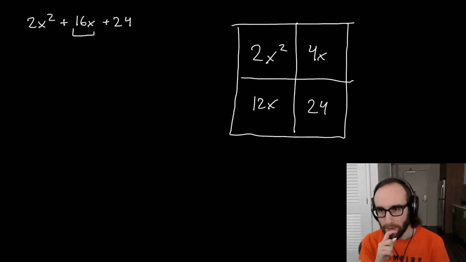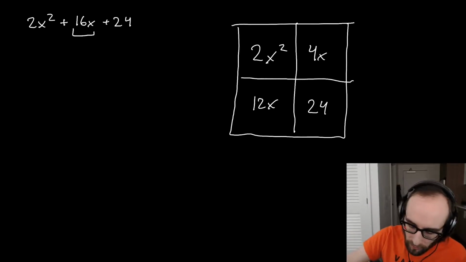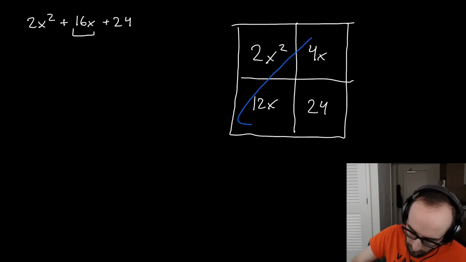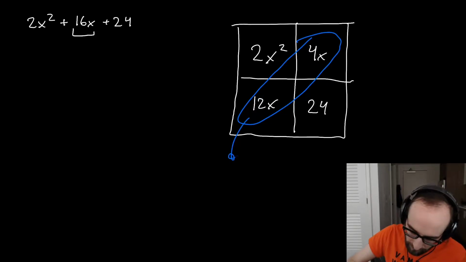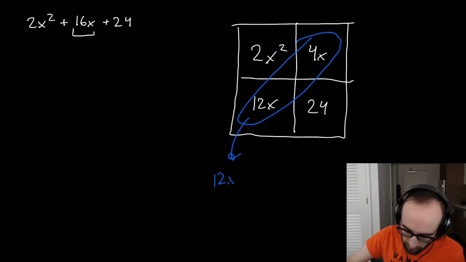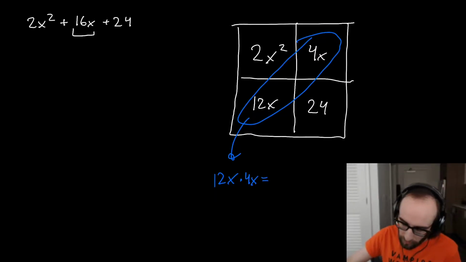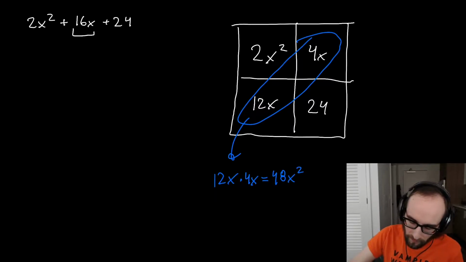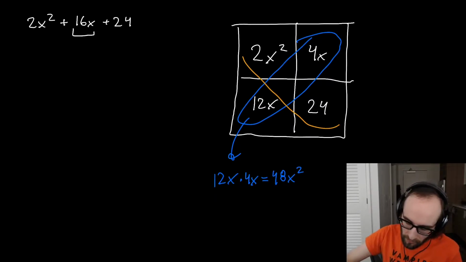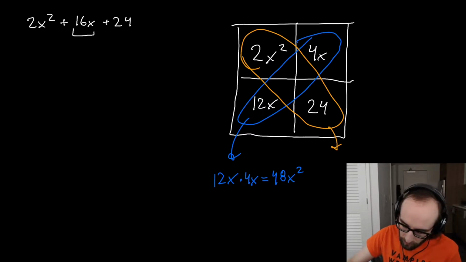One thing you might notice about our area model is if we look at the diagonals, 4x and 12x, and we compare their products, if we multiply the diagonals, we get 12 times 4 is 48, and x times x is x squared. We look at the other two diagonals, 2x squared and 24.